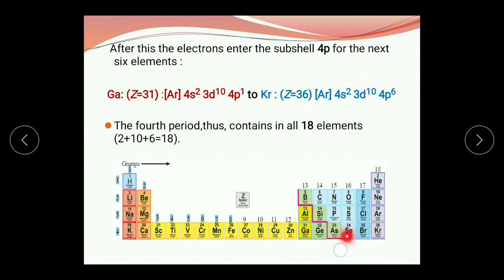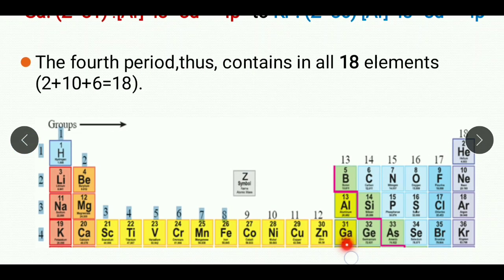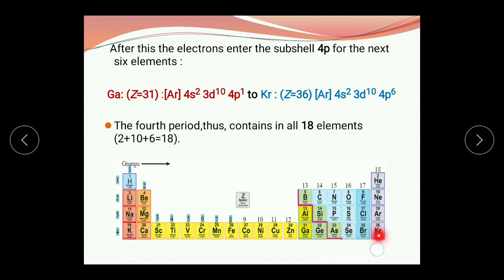From here to here is the p block. The p block belongs to the last electron. When it enters the p subshell, that element goes to the p block, and p has a capacity to accommodate 6 electrons. Hence, from gallium to krypton, all the electrons will go into 4p1, 4p2, up to 4p6, where krypton is there.